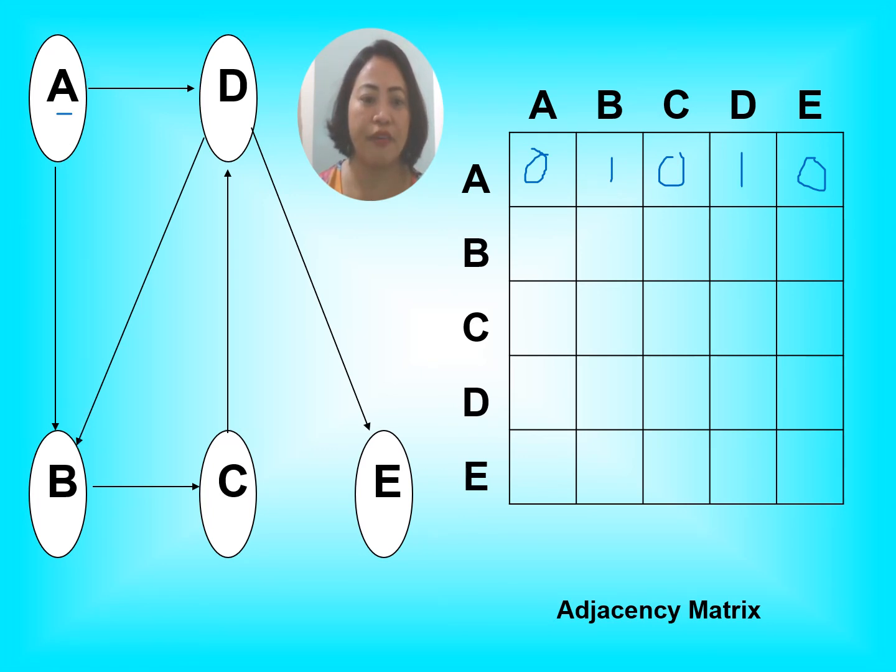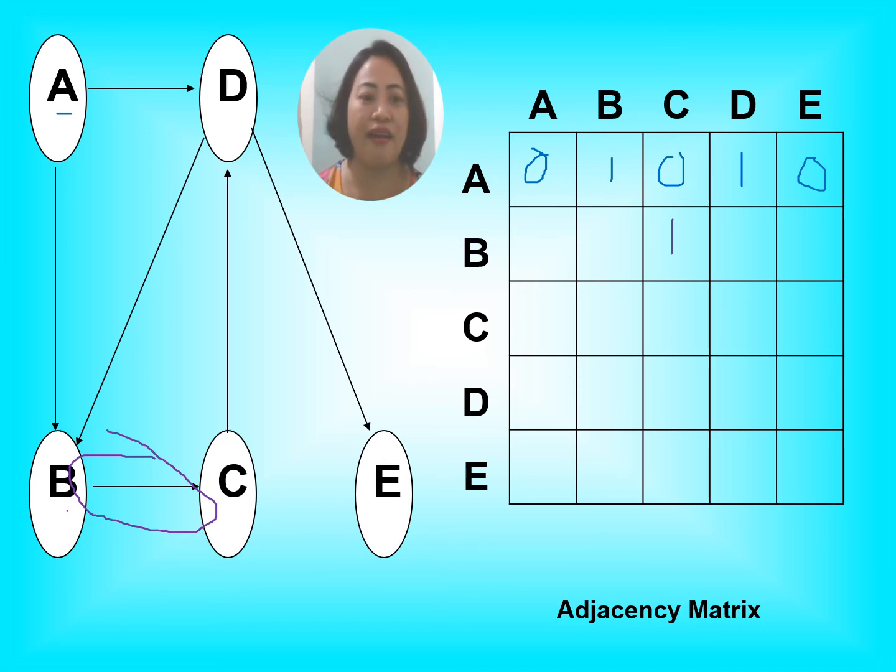While from B, it has only an edge going towards C. Outward, so out degree. You're going to look for the out degree from the vertex. So we have only one out degree from B, going towards C. So B to C. How about these two?